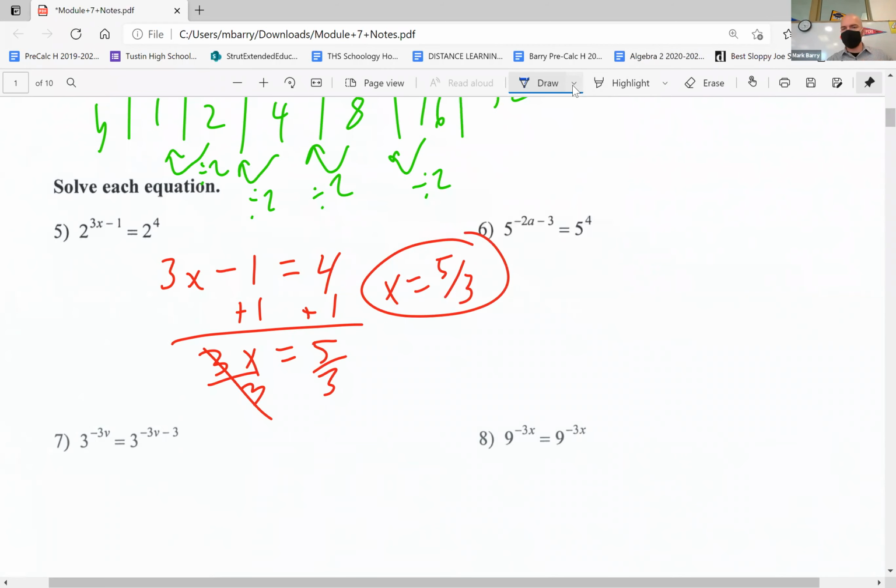All right, same idea with number 6. We see the bases are the same there. So we can just set the exponents equal to each other, and we're just going to solve that, and that's all we need to solve here.